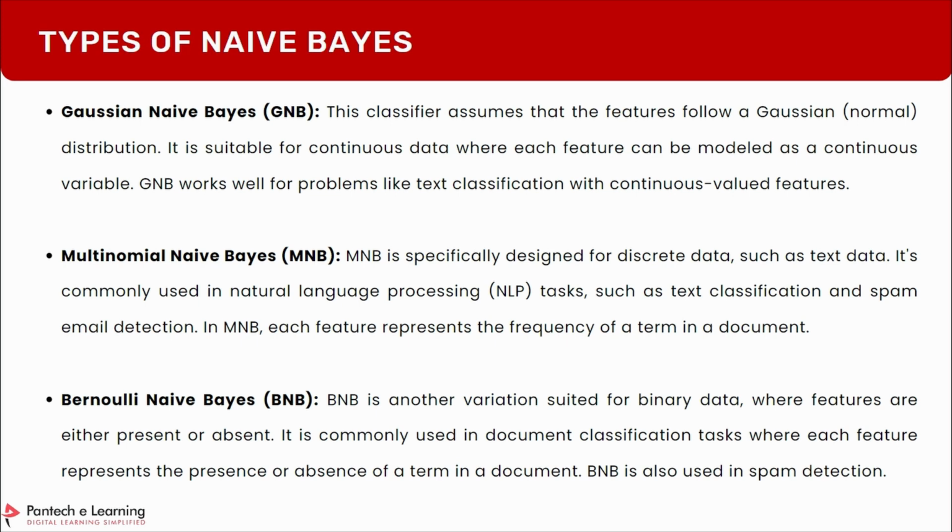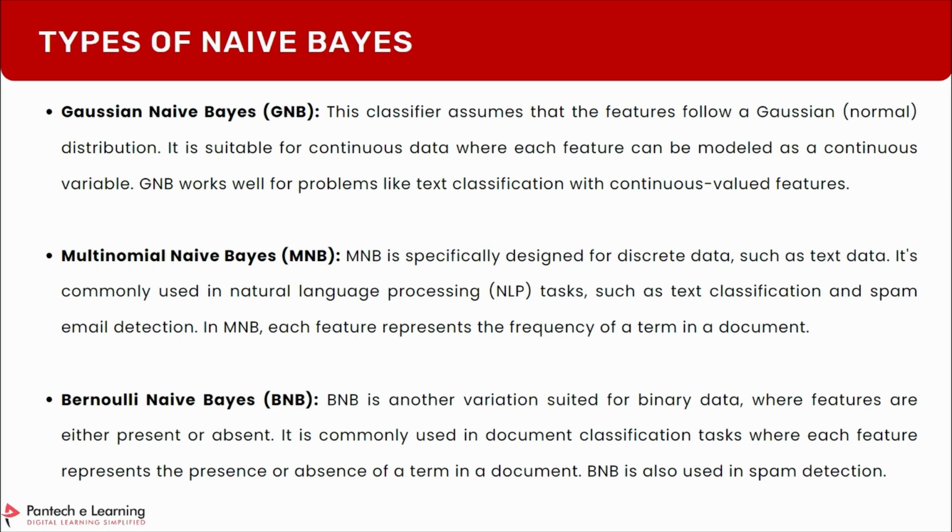Also, if you have text data where each feature can be modeled as a continuous variable, Gaussian naive Bayes works very well for problems like text classification with continuous valued features. When you go for multinomial naive Bayes, it is specifically designed for discrete data such as text data, and it's commonly used in NLP tasks such as text classification and spam email detection.